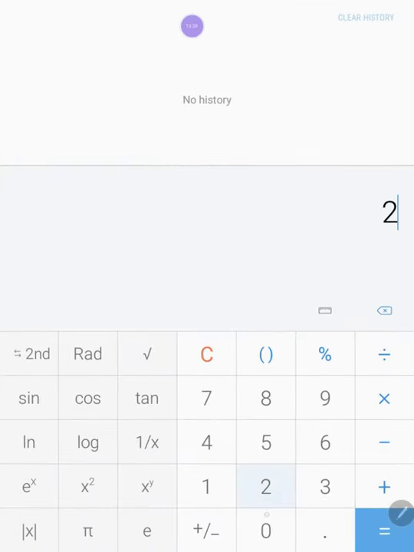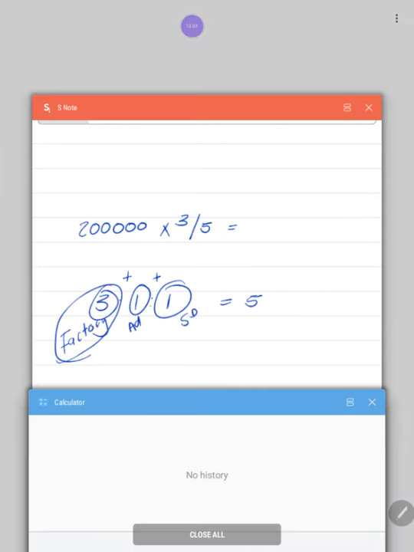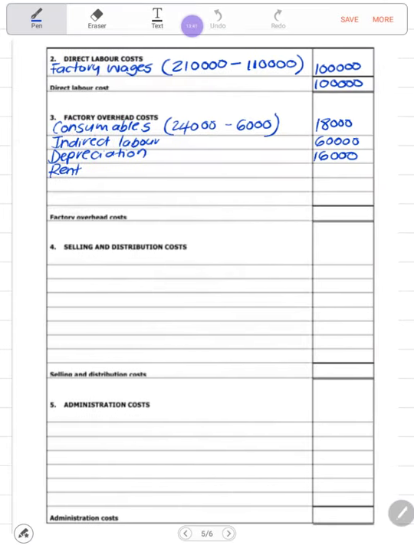So let's work that out. 200,000 times 3 divided by 5. The rent that the factory incurred was 120,000. So let's go and put that down. You have to show me your calculation. 200 times 3 over 5. And it came to 120,000.